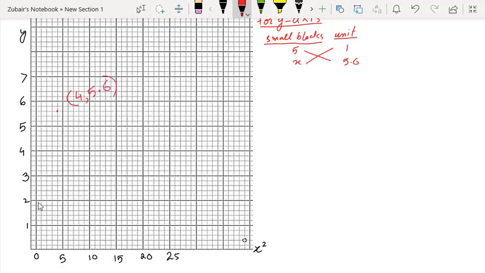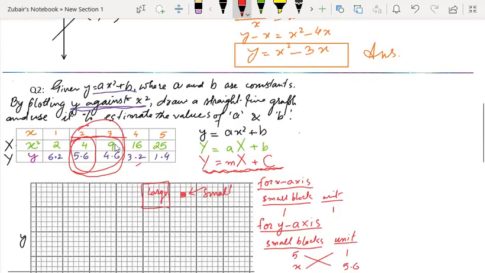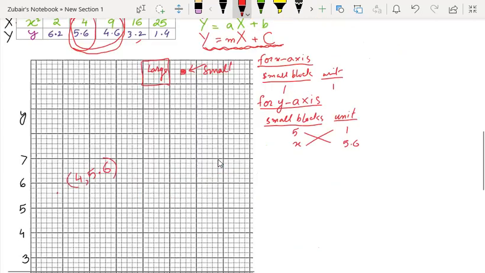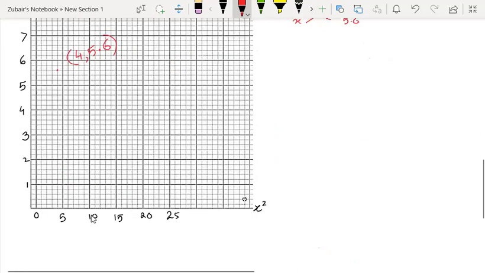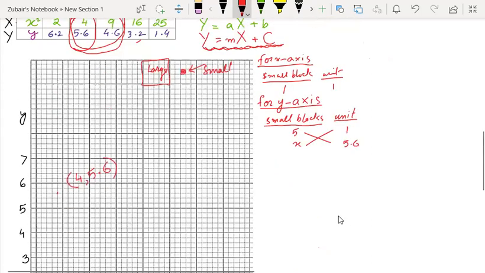Okay, now we need another point, this one, 9 and 4.6. 9 and 4.6. So 9 is here, and 4.6. So for 4.6, what will you do? You will again do the working here.